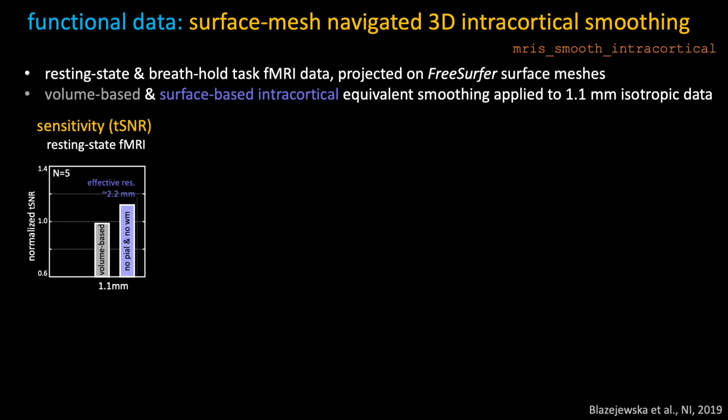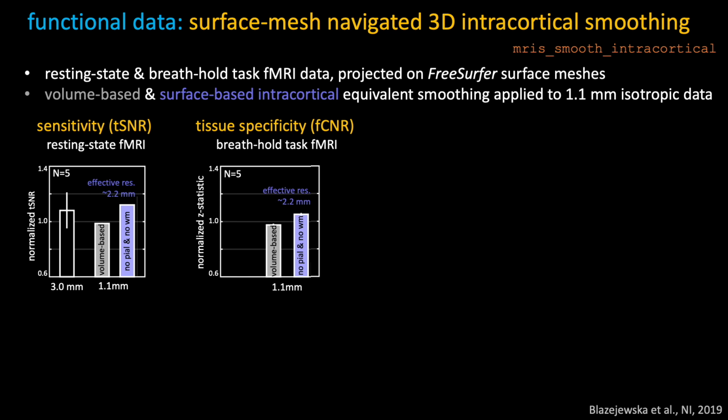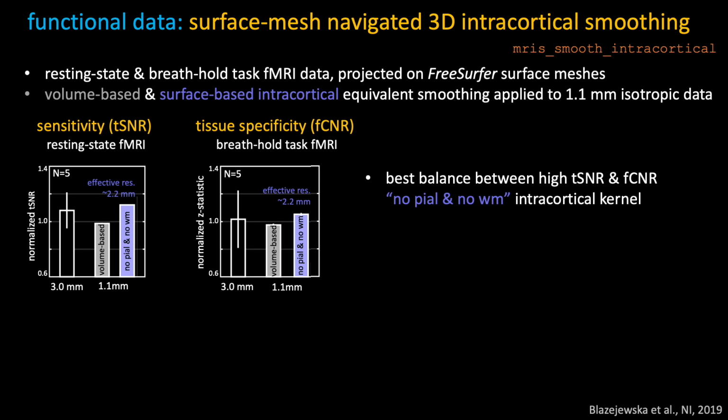What we found was that the tSNR for our no pial, no white matter kernel was higher than the volume-based smoothing, which we kind of expected, but it was also higher than the tSNR of the original low resolution data, which is kind of surprising. Similarly, tissue specificity, measured as FCNR, was also higher than both of the other cases. So we concluded that this no pial, no white matter kernel produces the best balance between high tSNR and FCNR.